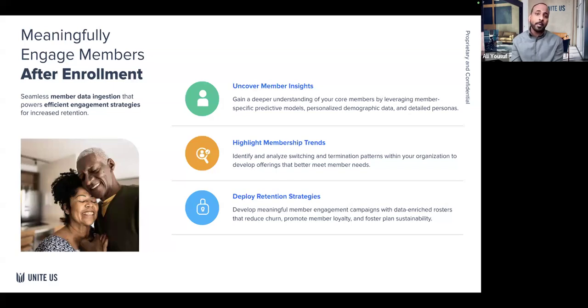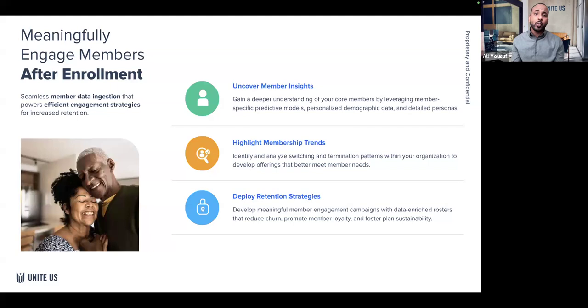The second is going to be to highlight membership trends. We can do this by identifying switching and termination patterns within your organization, really to develop offerings that better meet your members and ultimately reduce churn. And then finally, plans can deploy retention strategies. A lot of our customers deploy these retention strategies to really develop meaningful member engagement campaigns.